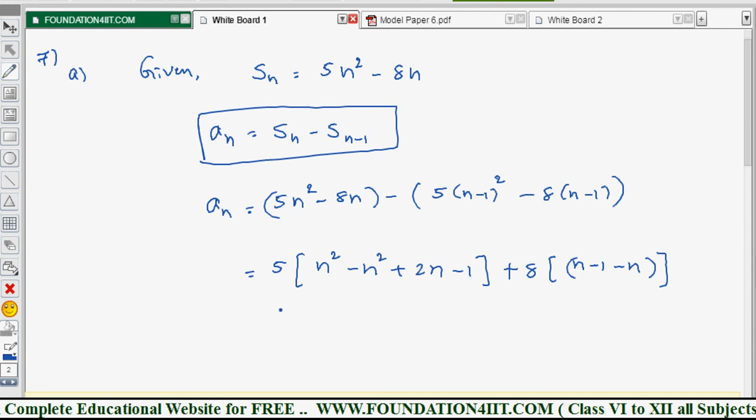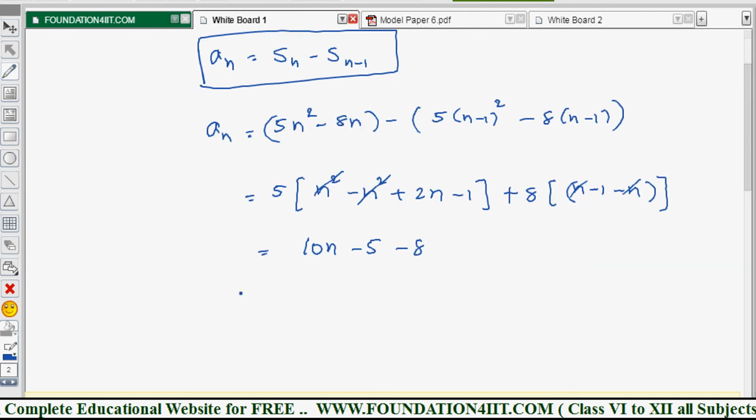Then simplify by cancellations. 5 times 2n is 10n minus 5, and minus 8 times minus 1, so the 8s cancel, leaving minus 8. Finally an is equal to 10n minus 13. Right? This is the nth term.